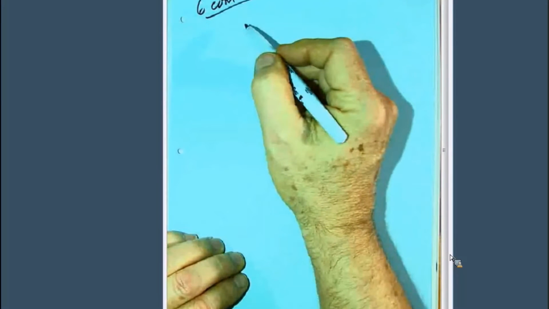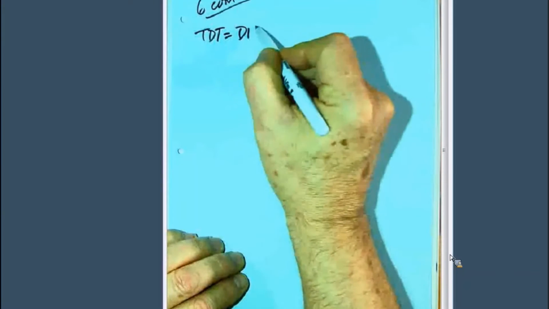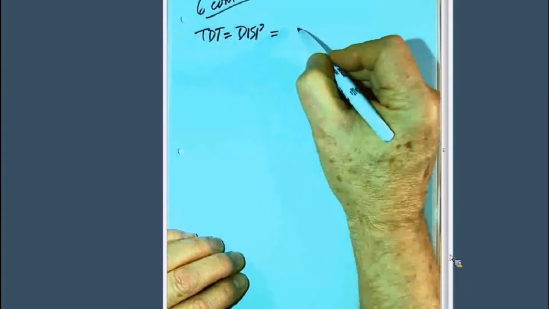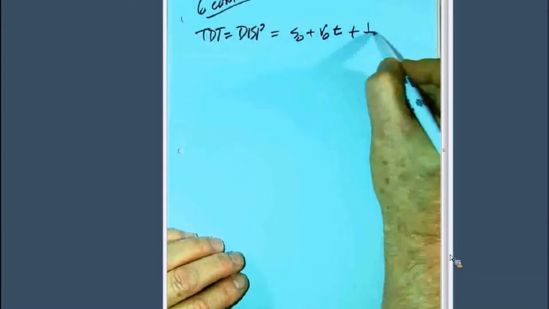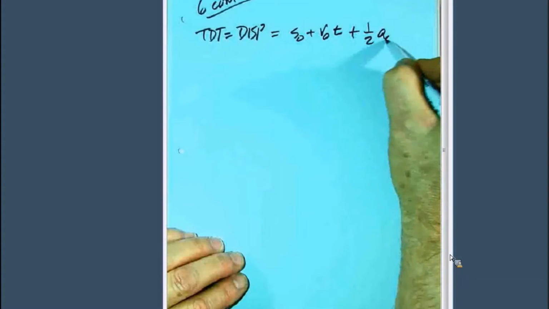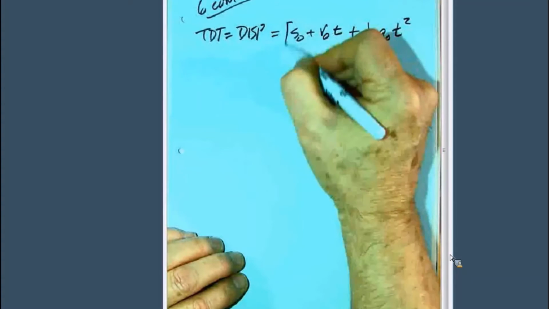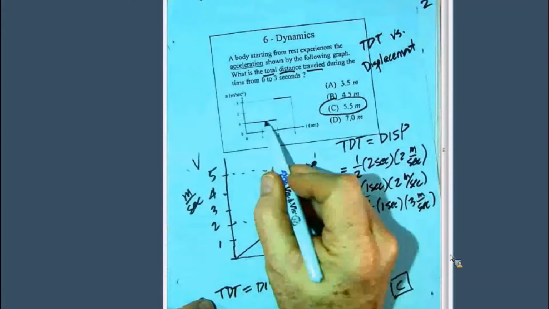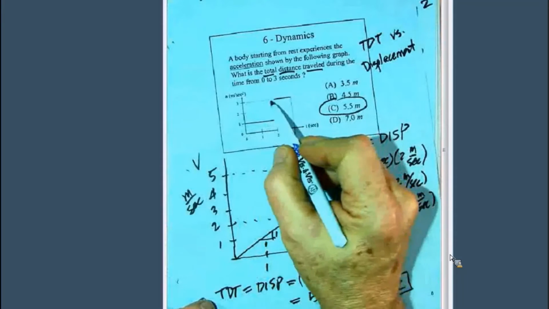Okay, so what we have is the displacement for this one, whichever one it is. And so what we have is S0 plus V0t plus 1/2 A0 times t squared. Okay, so we want that from 0 to 2, and the reason that's 0 to 2 is because we have a constant acceleration from 0 to 2 and a constant acceleration from 2 to 3.